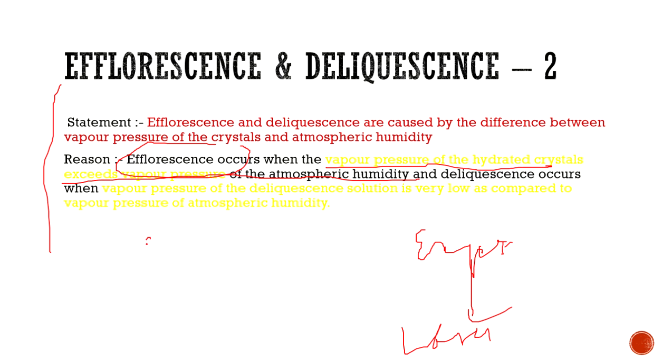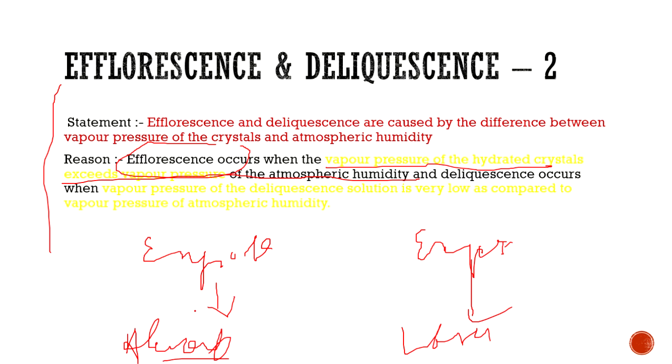When you expose a water soluble salt to the atmosphere, it absorbs moisture and due to that it changes to a liquid state. So what is the reason?